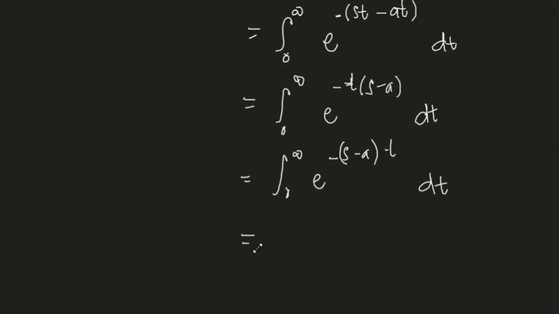The integral of e raised to any exponent is equal to the same exponent divided by the coefficient of t, and since it is negative, I will put a negative here. This will be equal to negative 1 all over s minus a, multiplied by e raised to negative s minus a times t.